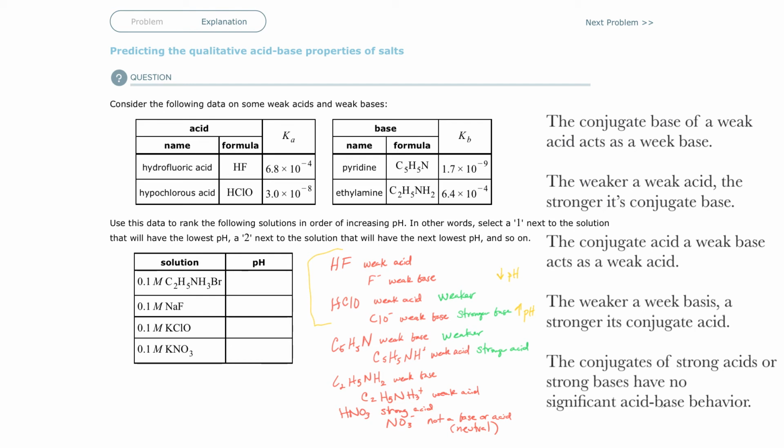What about the acids? Okay, so let's look at the acids. So you've got the C5H5N is weaker, so that's going to be the stronger acid.